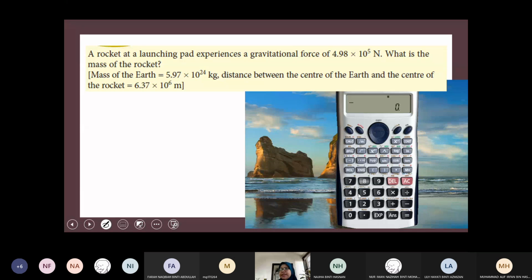What do we need to do first if we get this question? Write the formula. Okay, good. Thank you, Farah.